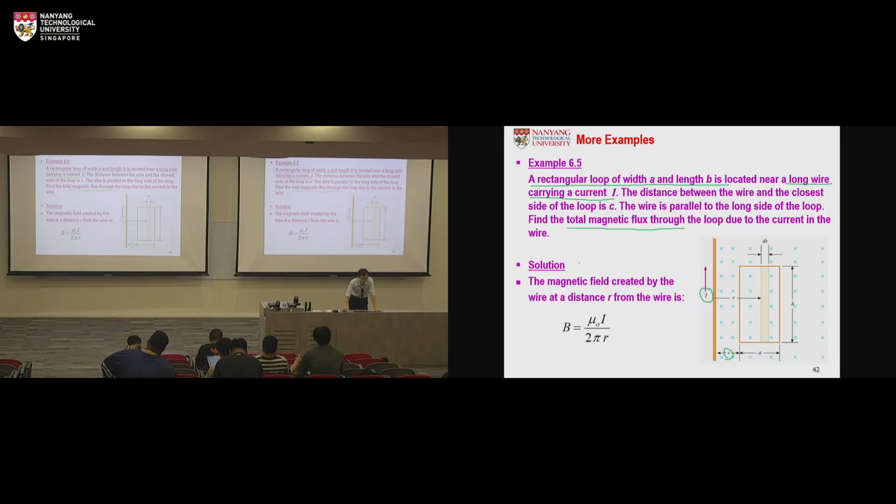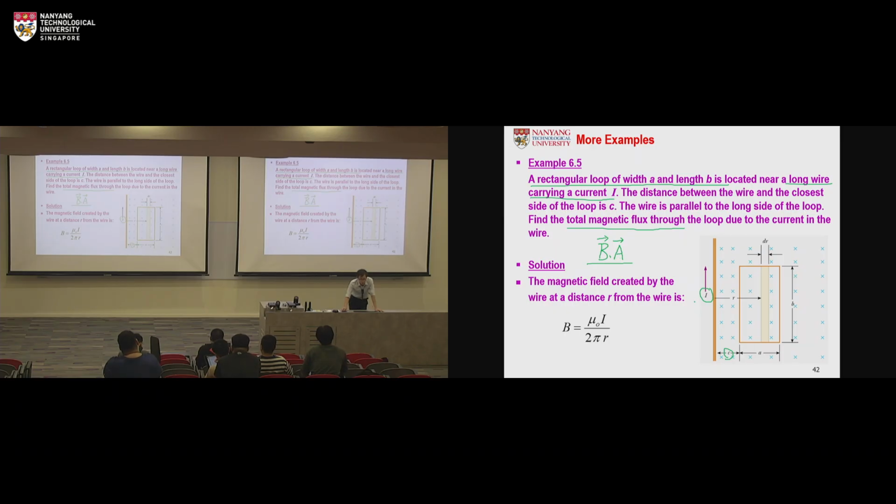Again, the immediate formula will be this one, right? This is the flux by definition. And this one, just like any formula, will only apply to the scenario where both B and A are uniform.